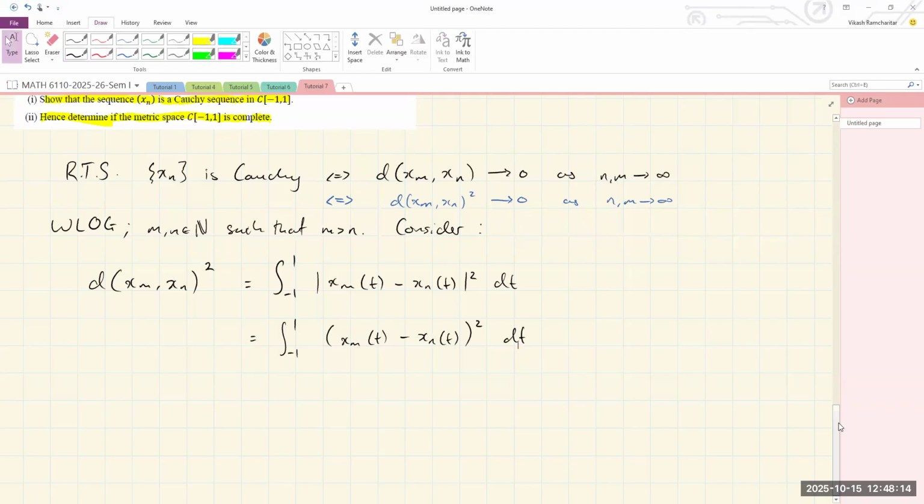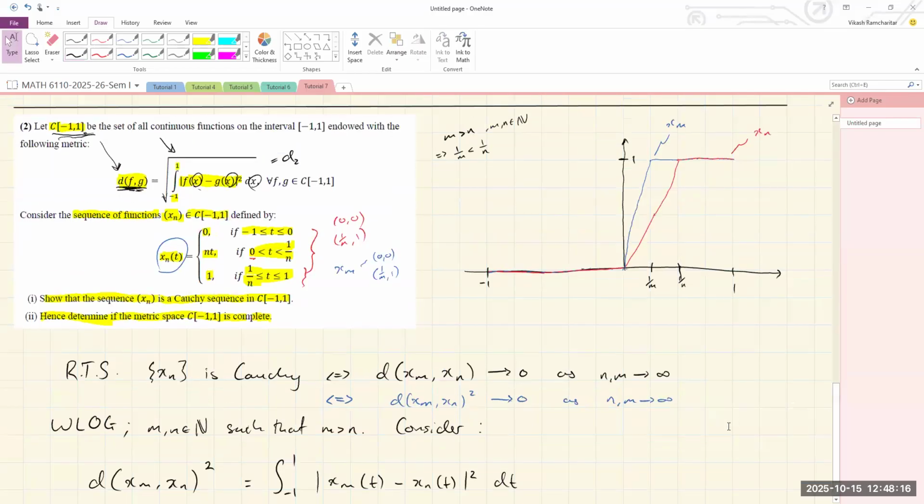And this is where the diagram comes in handy, because I'm integrating the square of the difference of these two functions. Notice that from -1 to 0, the functions are the same, so obviously the difference is 0. And from 1 over n to 1, the functions are the same.